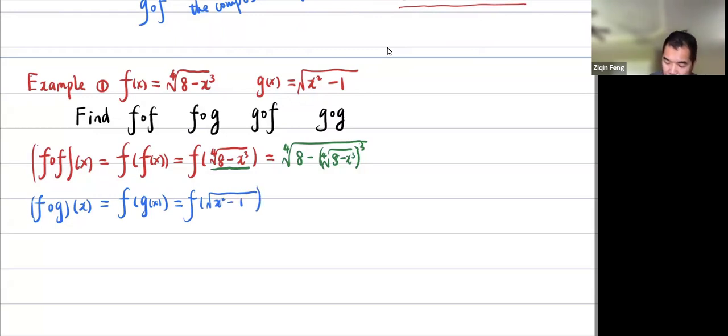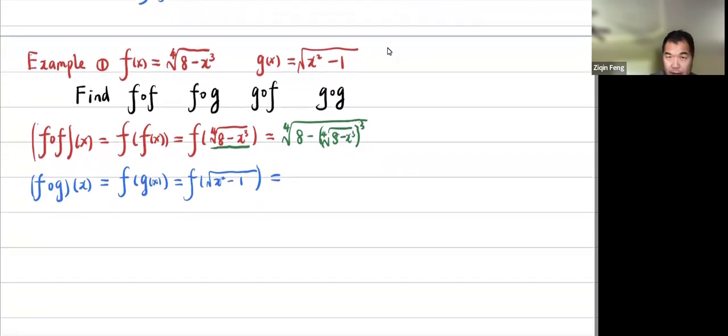And so this is equal to, now we know f is take a fourth root of 8 minus the variable to the power 3. So the variable in this case is the square root of x squared minus 1, then to the power 3. That's basically what f composed with g is.